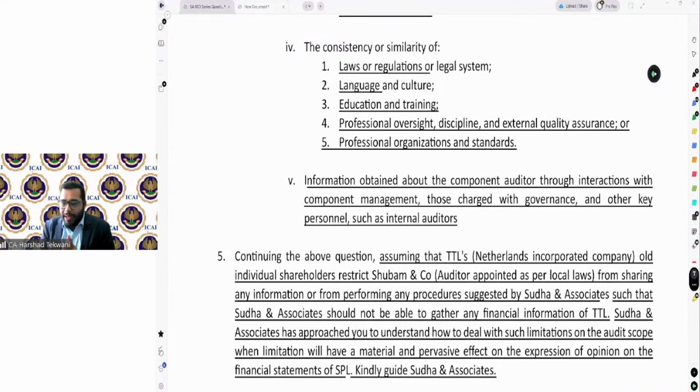So, if not sharing the information or performing any procedures suggested by Sudan Company is a limitation on the scope of audit, and it will have a material and pervasive effect on the expression of opinion, then how should Sudan Company deal with it, assuming they are not able to perform any other procedures or appoint any other auditor?